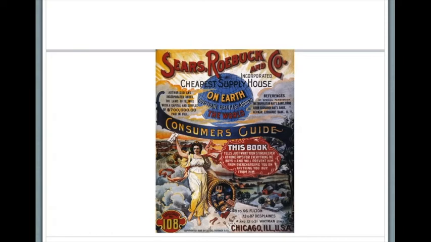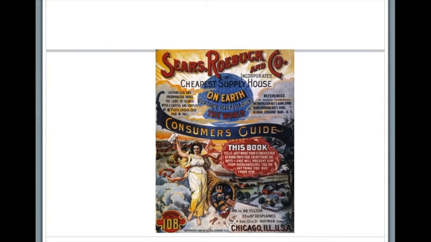These corporations are going to give rise to the growth of department stores and chain stores, specifically mail order catalogs, such as the one you see here. Sears and Roebuck was one of the early department stores. What I mean by department stores is that you can buy different items in one store.